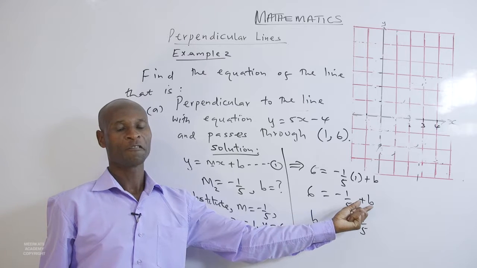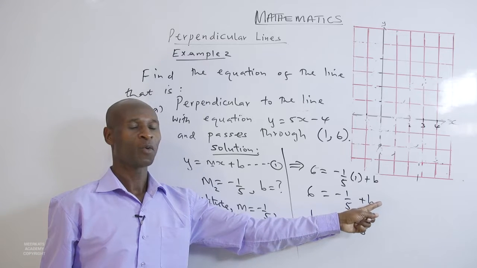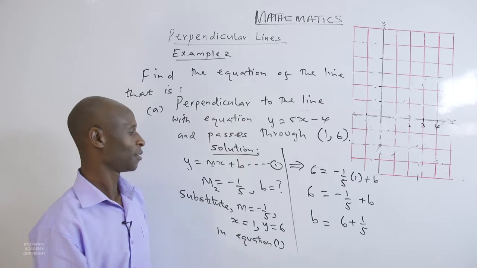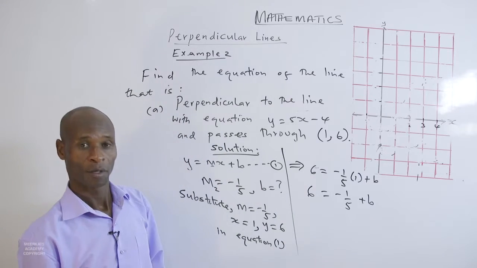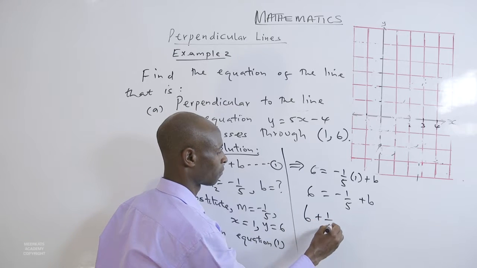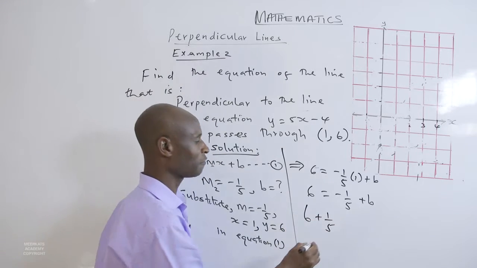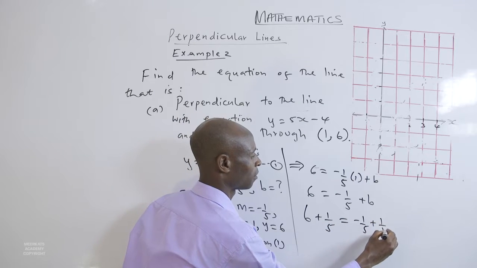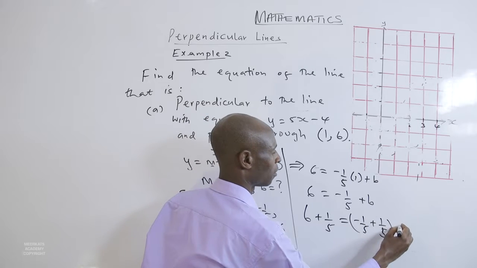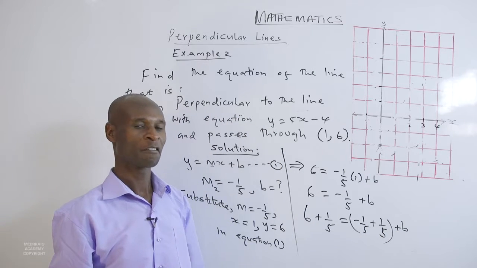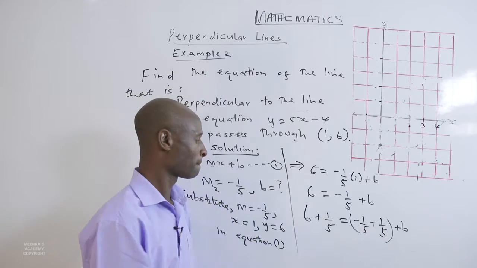So to find the value of b, we add 1 over 5 on both sides. So that means we shall have on the left 6 plus 1 over 5. Then on the right, -1 over 5 plus 1 over 5. That leaves us with a 0.